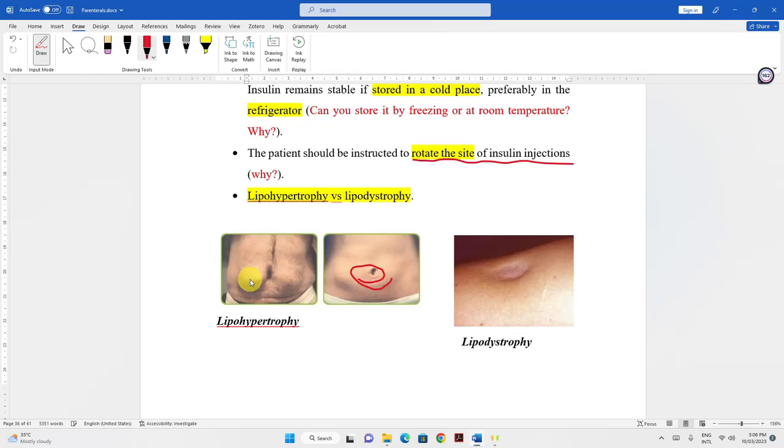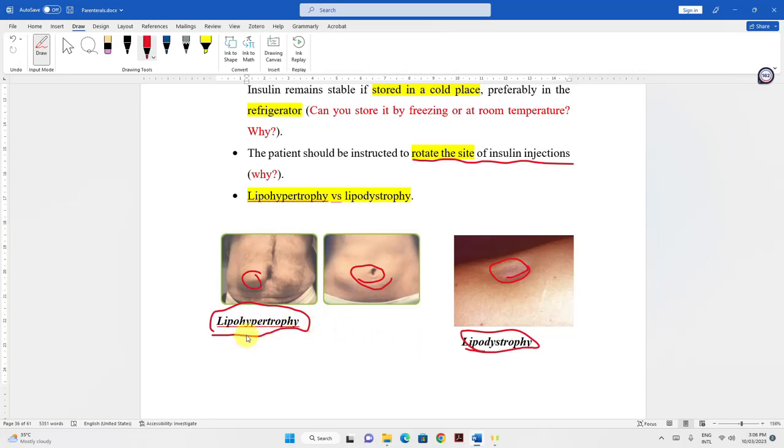If you are injecting in the same place, you might get what we call lipohypertrophy, as you see here, protrusions, or you might get the opposite of that, lipodystrophy, indentation, wasting of fatty tissues, and you see the indentation here. So these things can happen if you don't rotate the injection site.